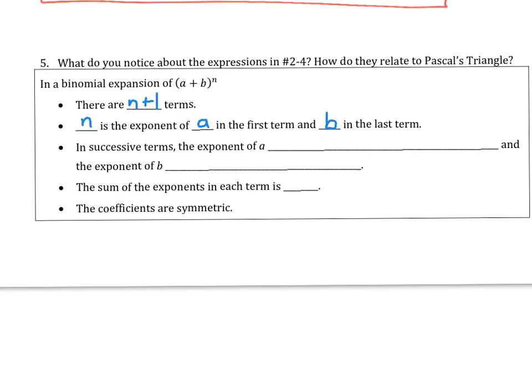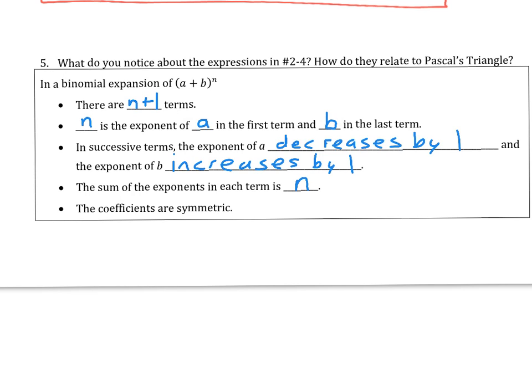In successive terms, as you go on, the exponent of a decreases by 1, while the exponent for b increases by 1. The sum of the exponents in each term is n. We talked about that earlier.